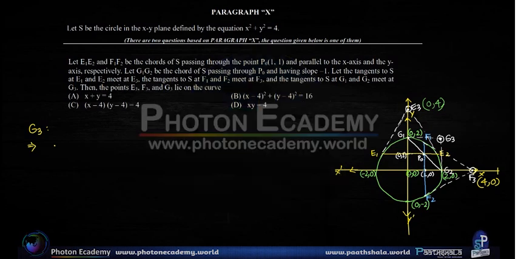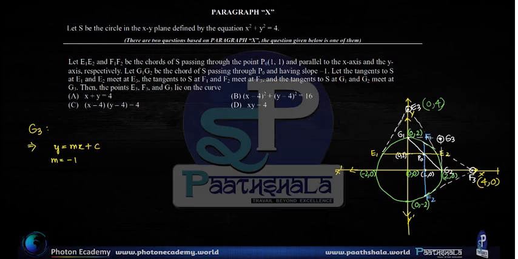So if we represent the equation of G1 G2 by y is equal to mx plus c, which is the equation of a line, it's given in the question that m is equal to -1. Then the equation is y is equal to minus x plus c.